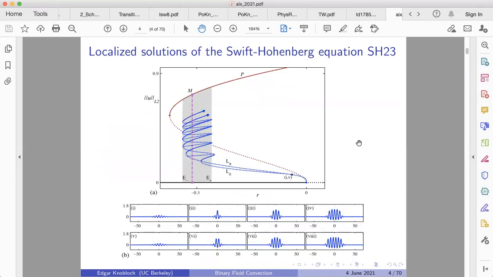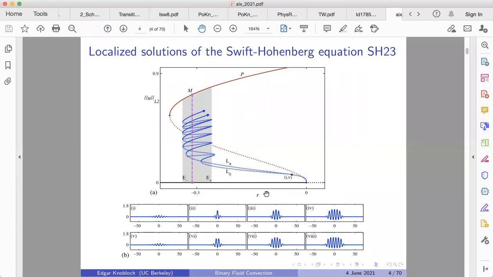So what do we find when we do numerical investigations of this equation? So on the vertical axis here, in this plot, I'm plotting the L2 norm of the response of the system to the forcing that is measured by this parameter R on the horizontal axis.